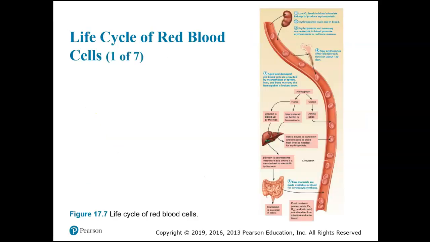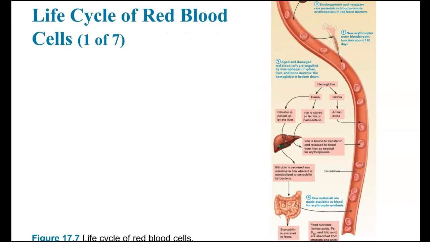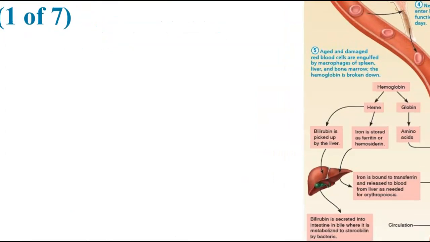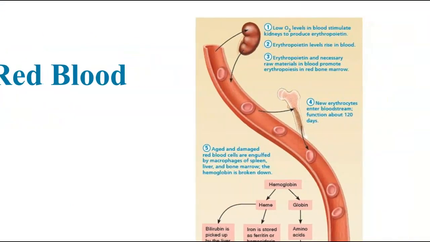Now here we see the life cycle of a red blood cell. So let's blow this up. All right. Starting in the kidney, in step 1, low oxygen levels in the blood, hypoxia, stimulate the kidneys to produce EPO or erythropoietin.